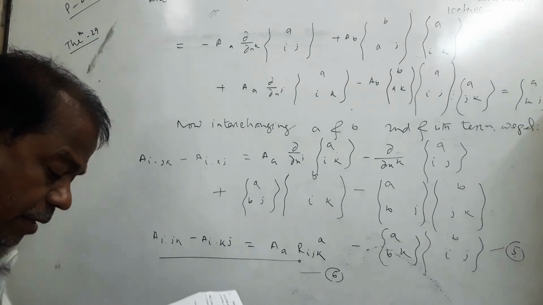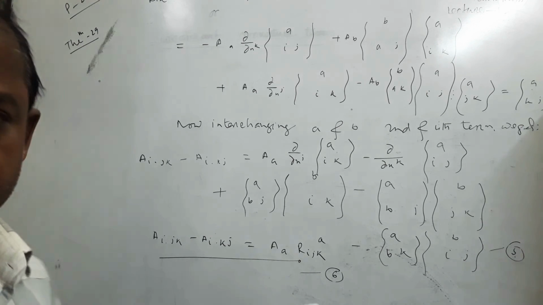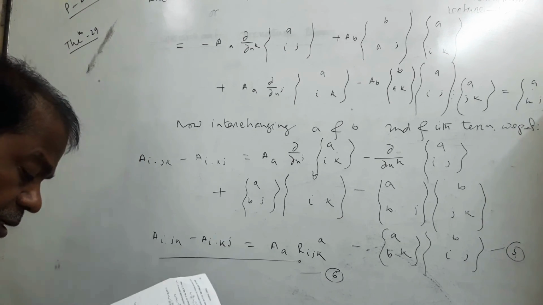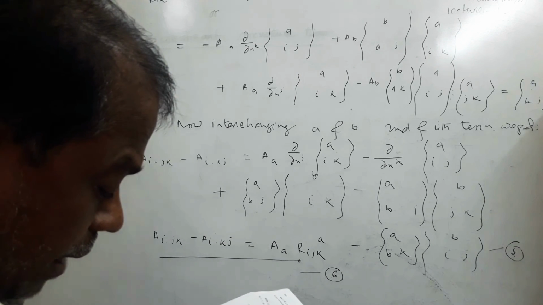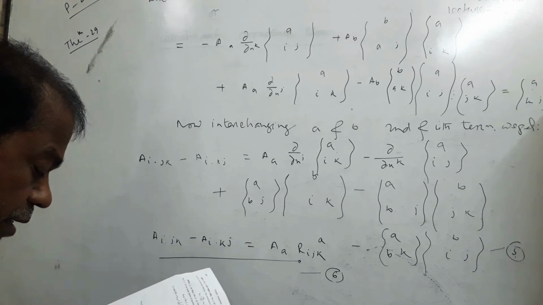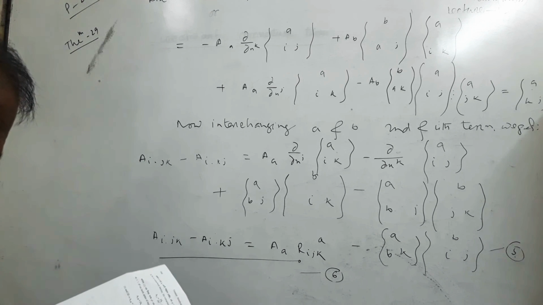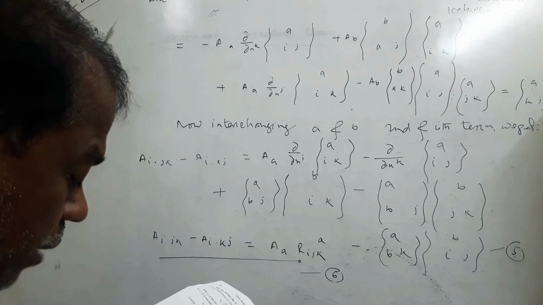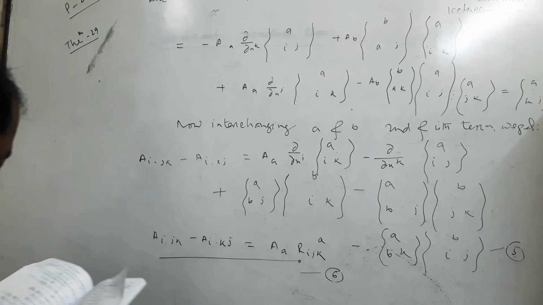Firstly, the left hand side of 5 is a covariant tensor of rank 3, and consequently the right hand side of 5 is a covariant tensor of rank 3, but A and B are arbitrary vectors, and it follows by the quotient law that R is a mixed tensor of rank 4.